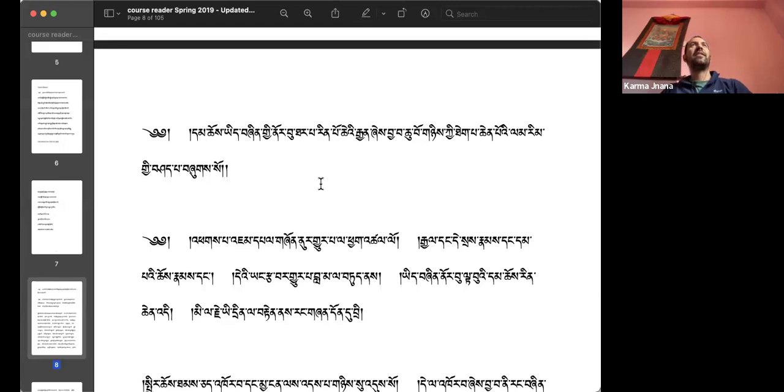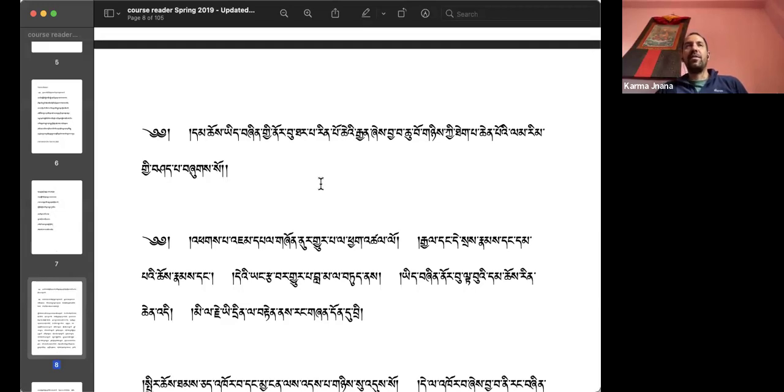Now, this text is composed by Gampopa. It's not the whole text. We've pulled out some sections from it. Gampopa is the father of the Kagyu lineages. The Kagyu has different lineages that are independent from each other, and they all come from Gampopa.